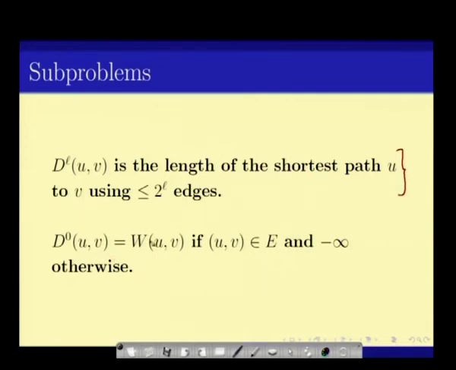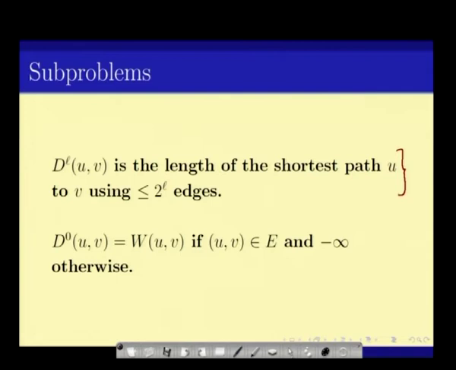You can go from u to v using one edge if and only if (u,v) is an edge. In that case the path has the edge weight w(u,v), and if it is not in the edge set, then you cannot go from u to v, in which case the algorithm takes d_0(u,v) to be infinity.